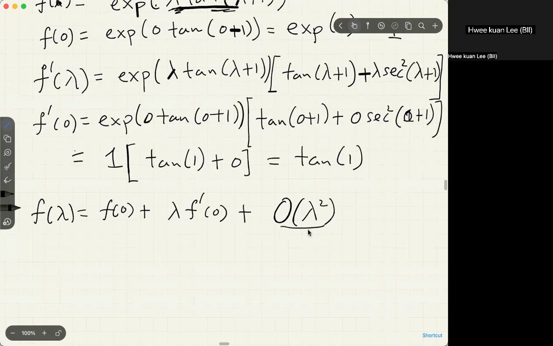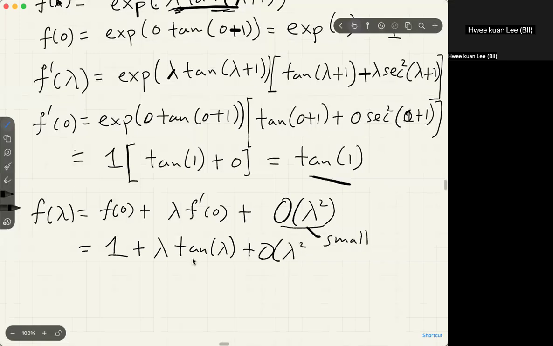This one we know is small. Lambda is small. Lambda square is smaller. F of 0 equals 1. F prime equals tangent lambda plus order lambda square. Okay.